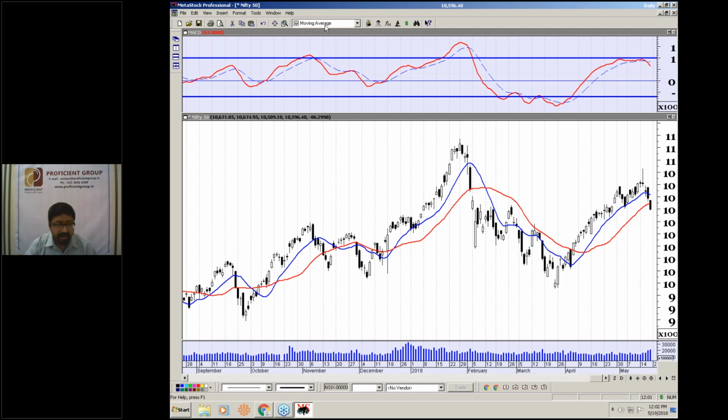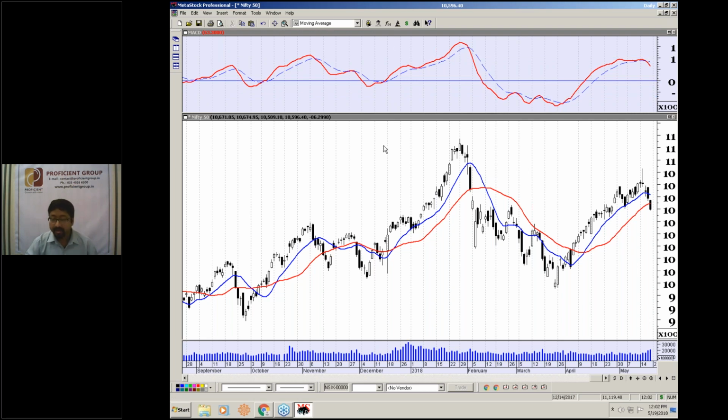I told you there are three kinds of signals. Now I am coming to the second kind of signal, which is quite strong. And this is the change of territory of the MACD line.